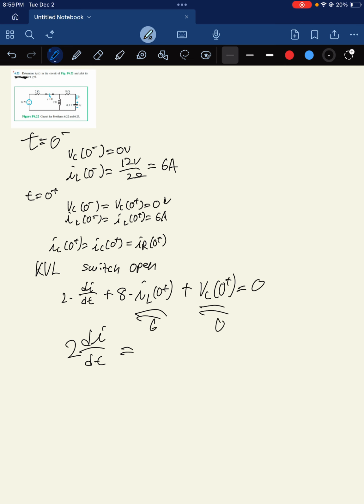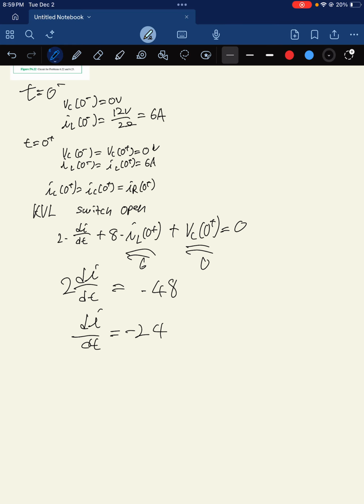So now that we know what the di/dt is, since IL, IC, and IR are all the same, IC prime at 0 plus is equal to negative 24.